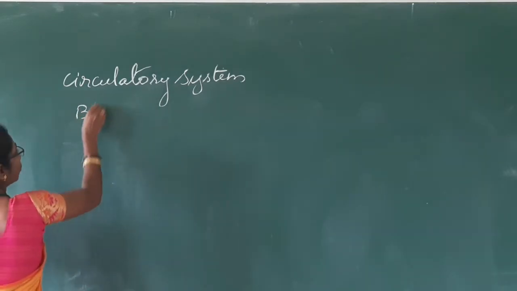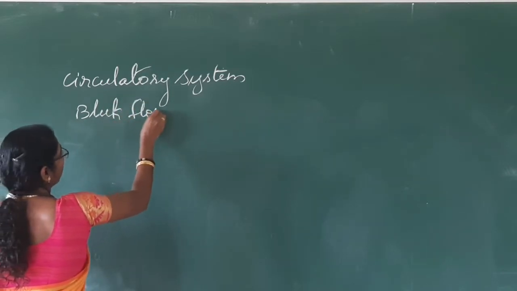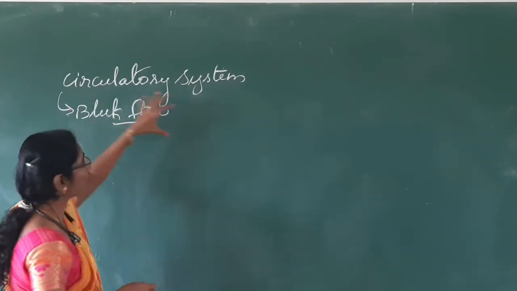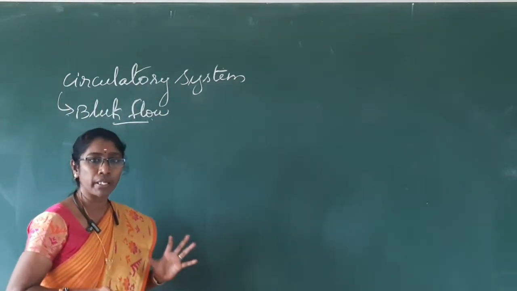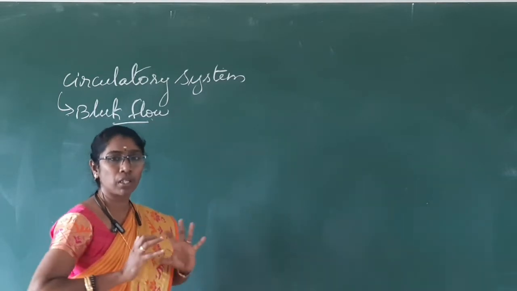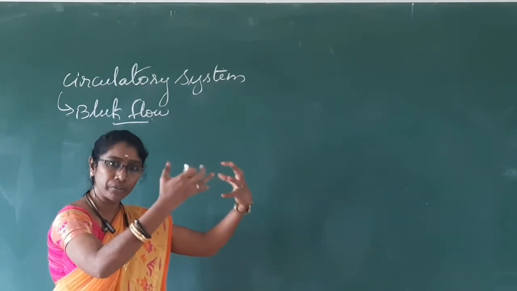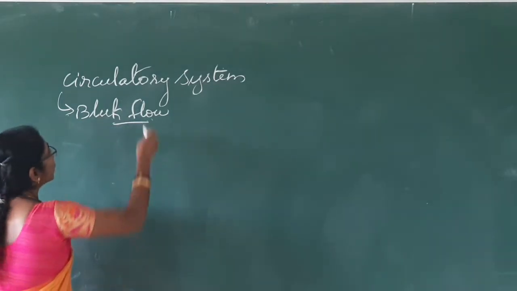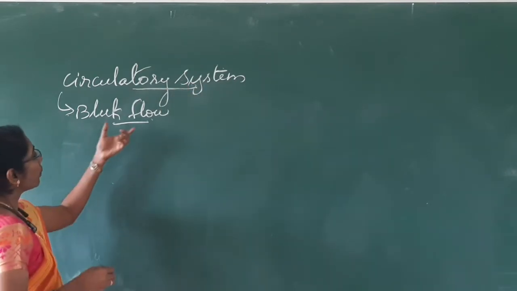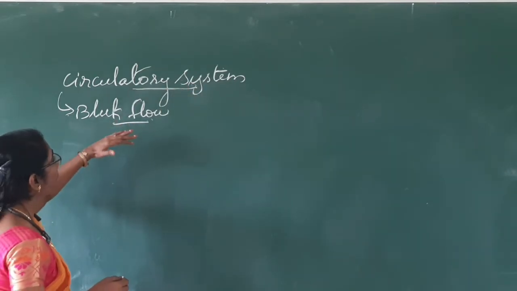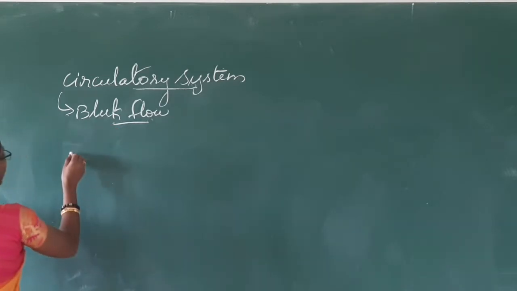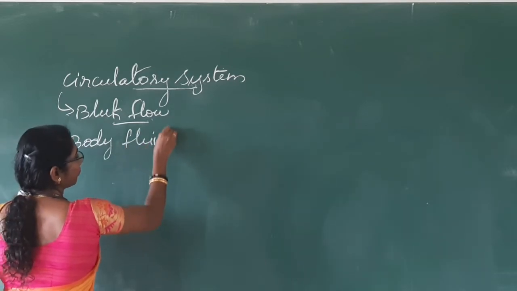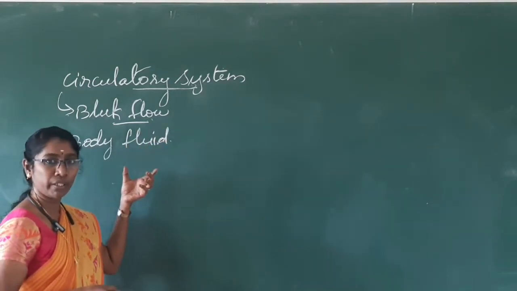It is a bulk flow system. The circulatory system works under a process of bulk flow. That is, the nutrients will be pushed into the body, and the excretory items will be collected in bulk amounts through this circulatory system. The fluid involved in this bulk flow system is called body fluid.